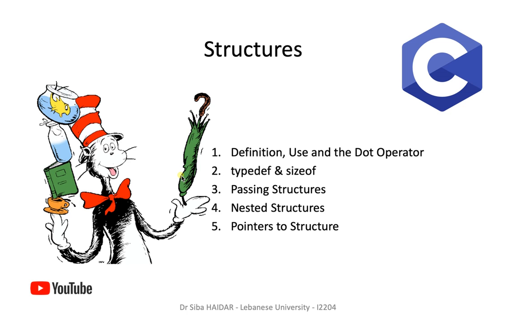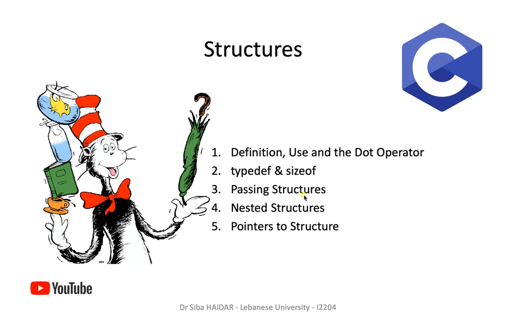So we saw together in this chapter structures: the definitions, use, and the dot operator, the typedef keyword, the sizeof operator, passing structures, including structure assignment, passing members of structures, and passing structure variables themselves.